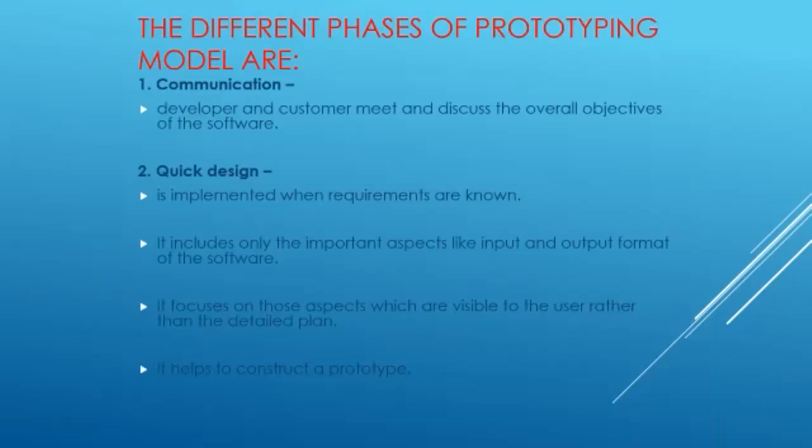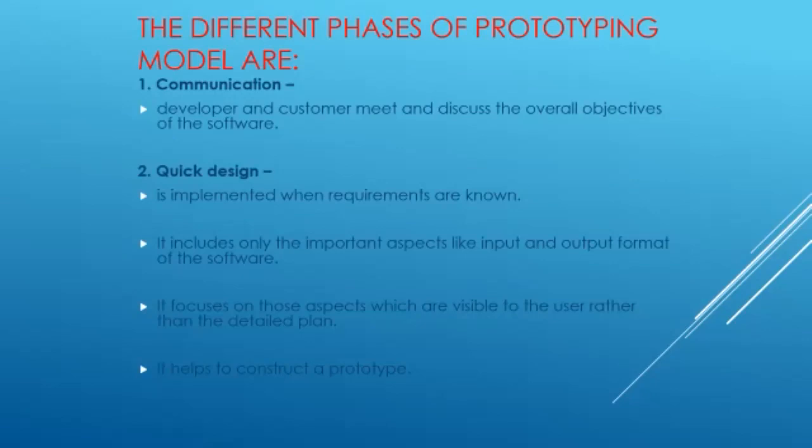The different phases of the prototyping model are: number 1, communication. Developer and customer meet and discuss the overall objectives of the software. That means this communication phase is important because developer and customer meet and discuss the overall objectives.